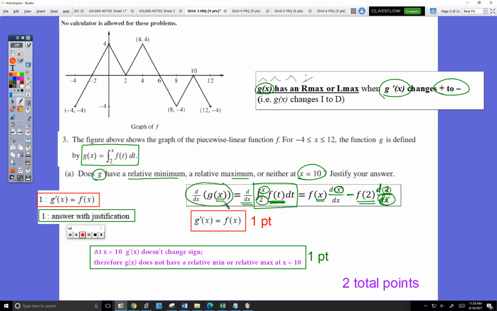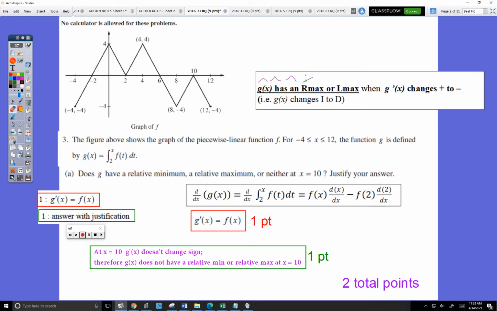So after using that rule, I discover, just erase everything fast, I discover this is going to equal 0 right here, which means 0 times f of 2 would also be 0.